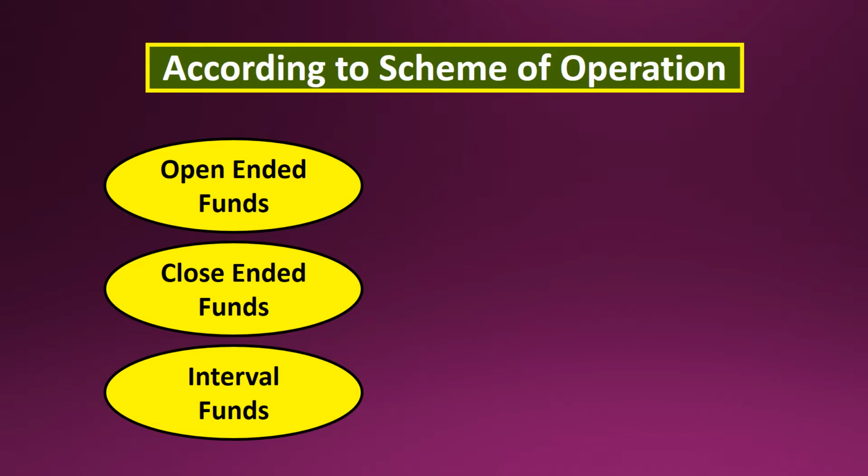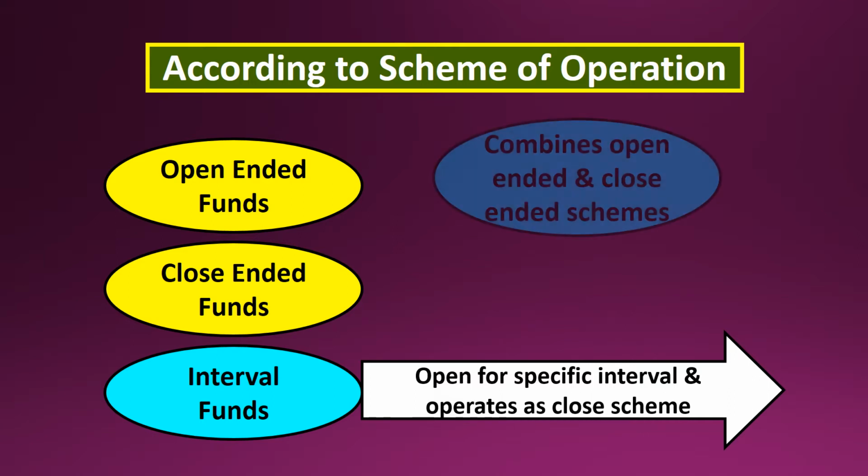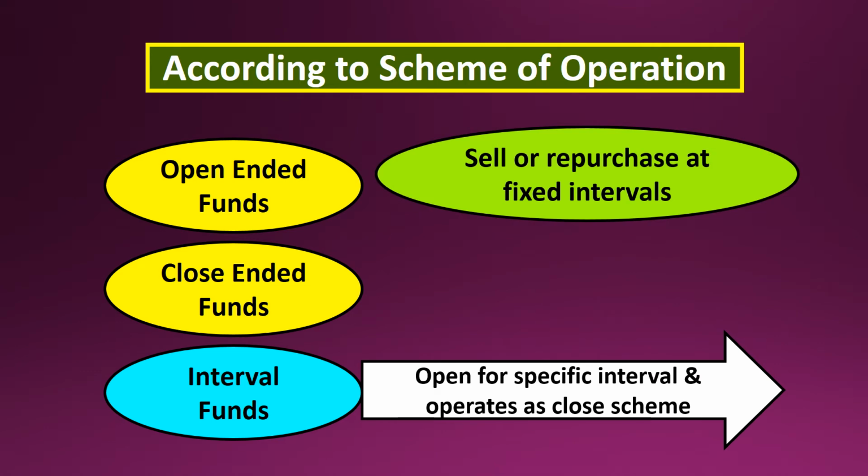And the next one is an interval fund. It is a scheme of mutual fund which is kept open for a specific interval. After that, it operates just as a closed scheme. Thus, we can say that it combines the features of both open-ended scheme as well as closed-ended scheme. The interval scheme is open for sale or repurchase at fixed predetermined intervals.